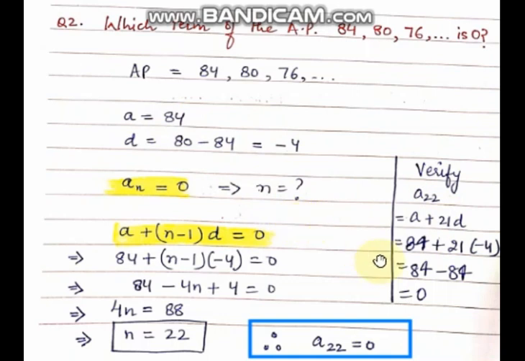Substituting a is 84, d is minus 4, and on simplifying, what did we observe? Yes, the 22nd term is nothing but 0. So this is how we have found that the 22nd term of this AP is going to be 0.